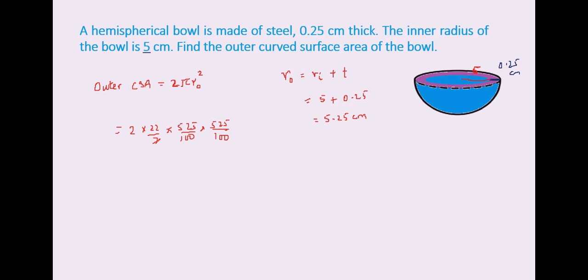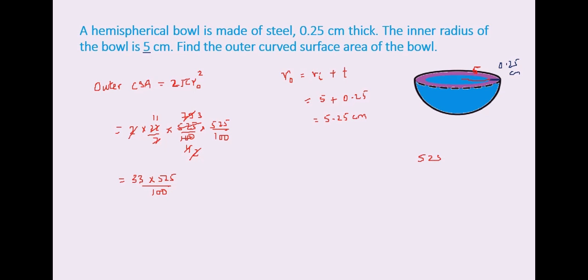So 7 ones are 7, 7 fives are 35, 7 sevens are 49. So we'll have the answer 33 into 525 upon 100.